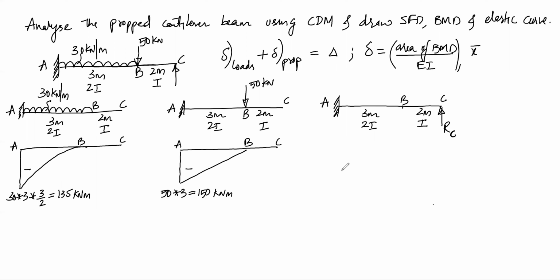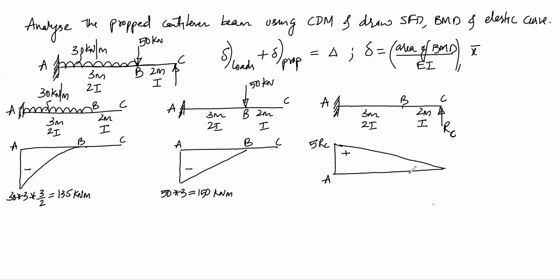And for cantilever with prop, we will get sagging bending moment. So the BMD will be positive, and the bending moment at point A will be 3 plus 2, that is 5 times RC. This is 5 RC.